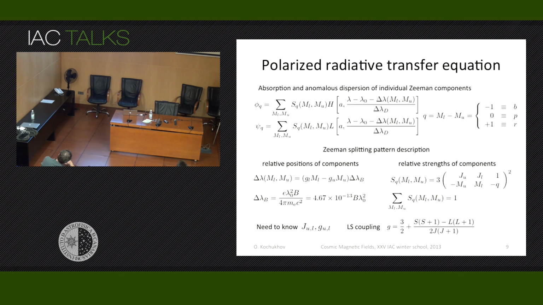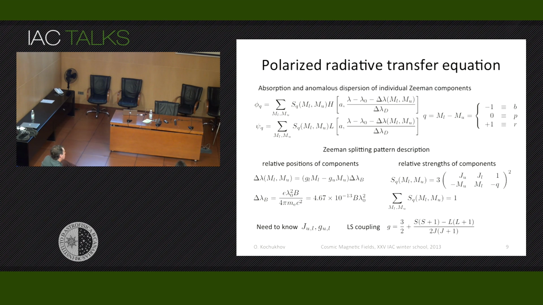So in order to determine Zeeman splitting pattern, what we need to know is J values, and we need to know lambda factors. So these things are usually obtained from databases of atomic line parameters. Sometimes when we don't have information on lambda factors, one can use a simple approximation known as LS coupling approximation to get these lambda factors from J, L, and S quantum numbers.